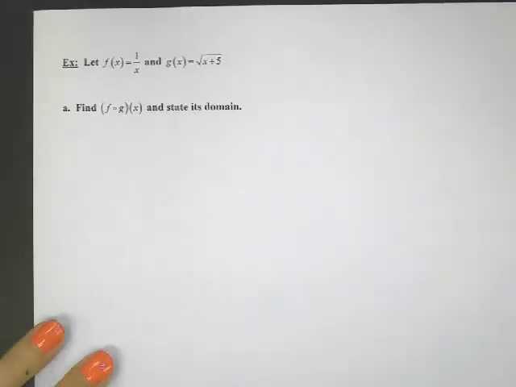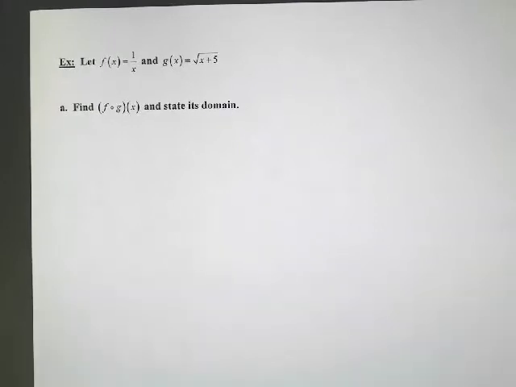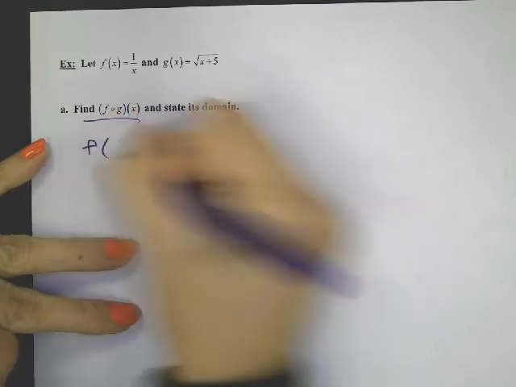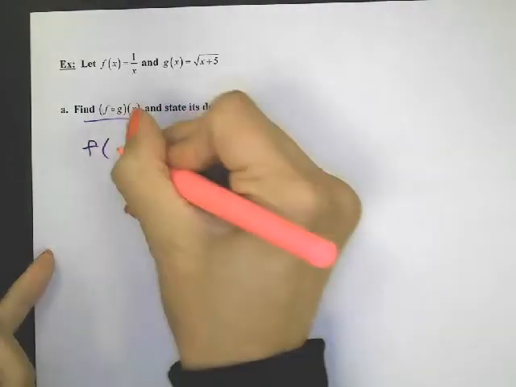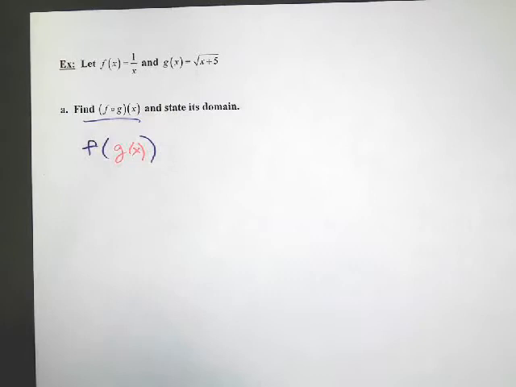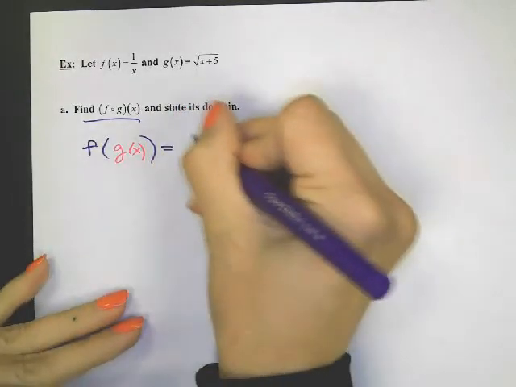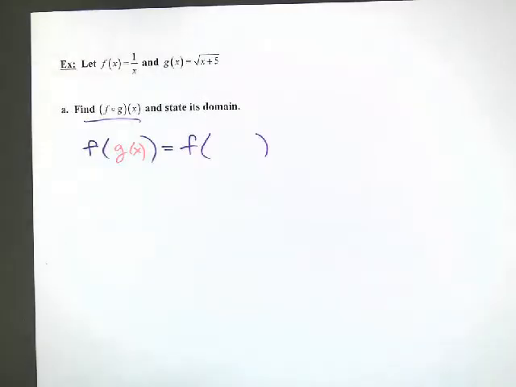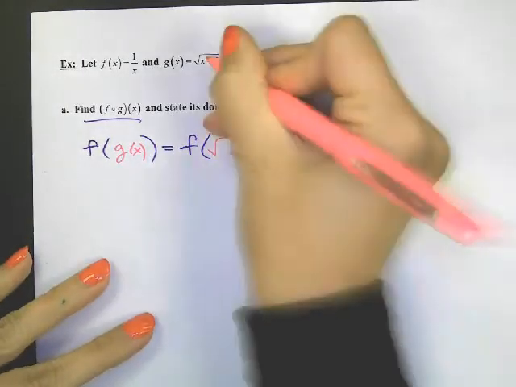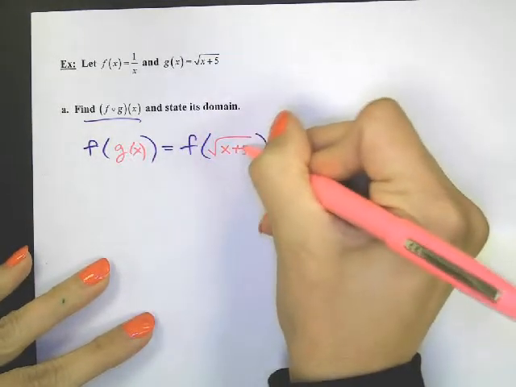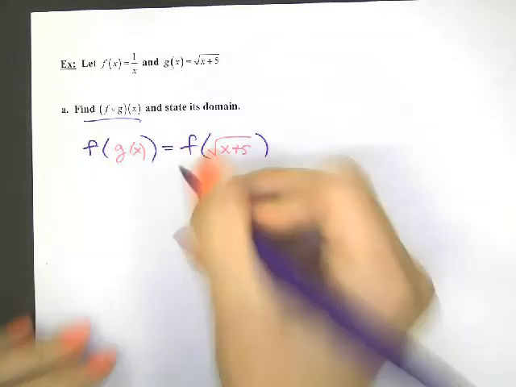Okay. We got one more. Find f of g and the domain. Okay, so there's only one part here. First, we'll compose f of g of x. The first thing I'm going to do is write f of and put the g of x function in there. The g of x function is the square root of x plus 5.